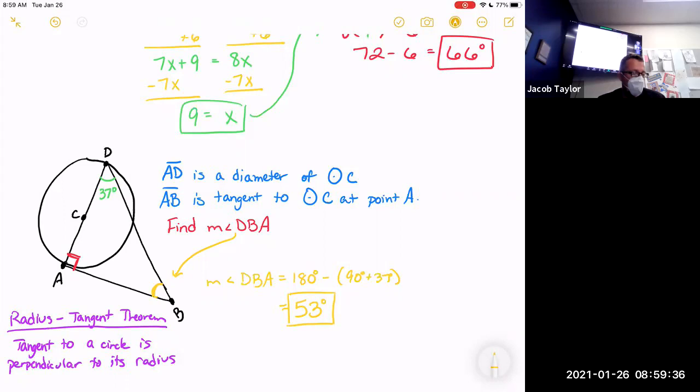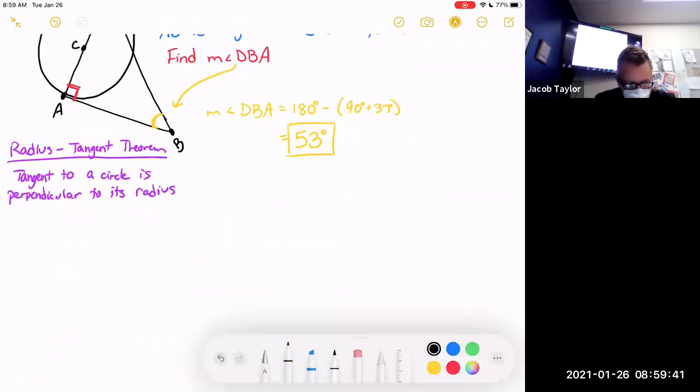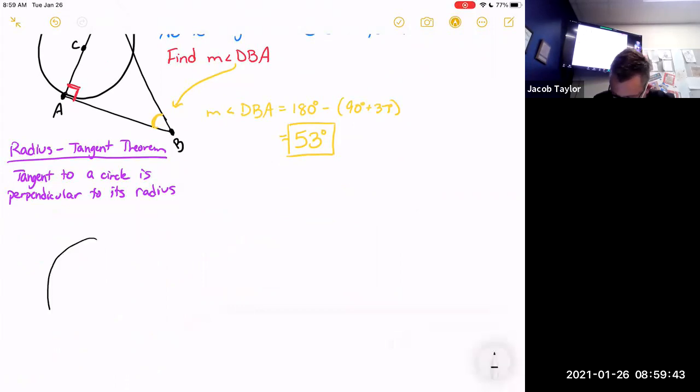Okay, are you ready for something awesome? Yes. I don't know, Riley. Good answer. That looks like a sun. It looks like he's wearing a hat.